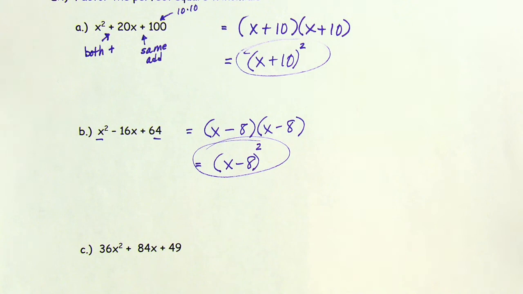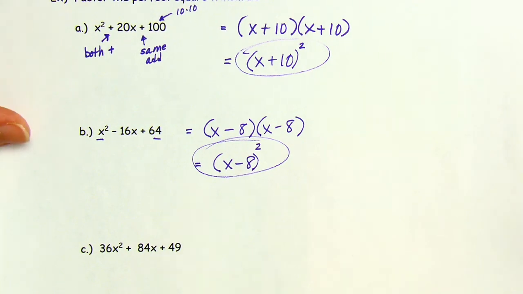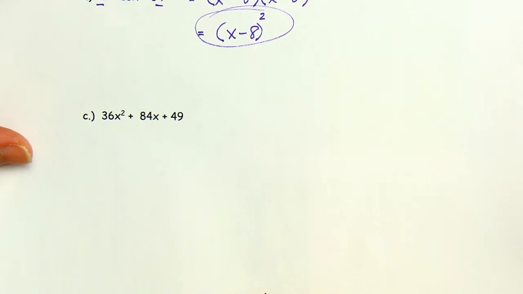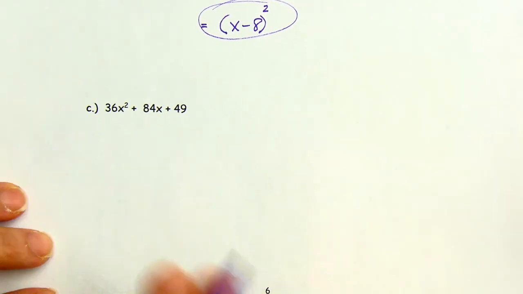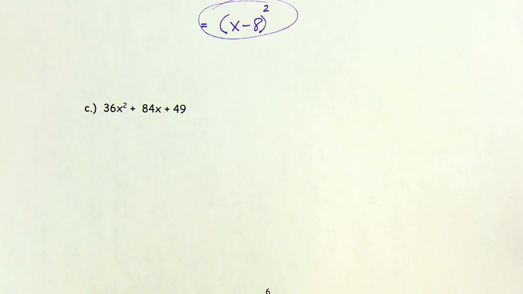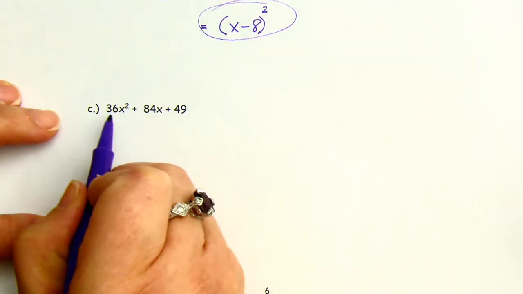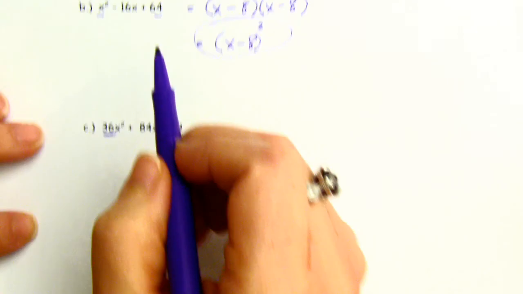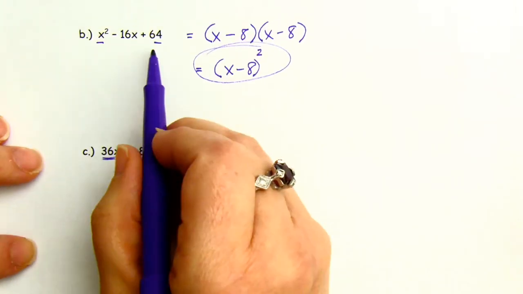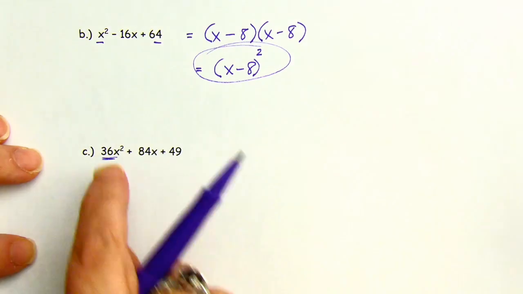Pause the video and actually try the last one on your own. Okay, hopefully you paused the video. Now this one's got a 36 in the front. So we couldn't really do that, like the last one with the 8 times 8 is 64, and when I add them, I get 16. Because I have this to contend with.